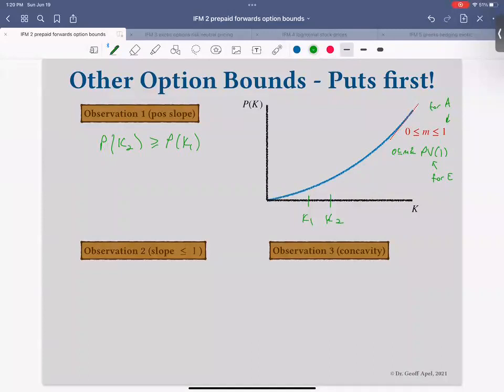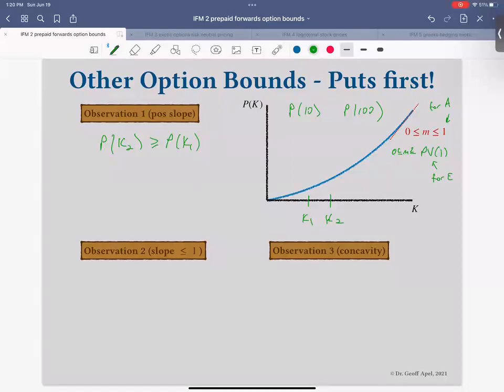Now you might wonder, why would it have a higher price for a higher strike? We can go back and think about which of these we would rather have. If somebody says, hey, I'll give you a put with strike 10 or a put with strike 100, which one would you rather receive as a gift? We know the put pays as long as the stock goes below the strike.